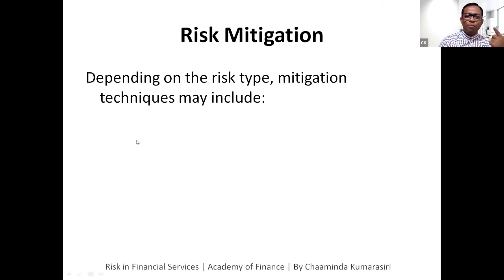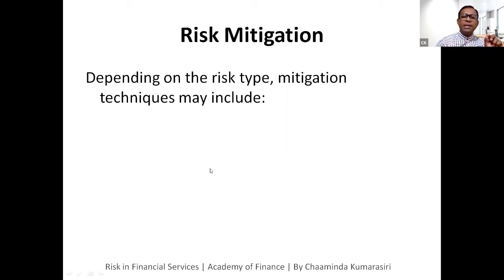Now, if I go back to the definition of risk, how do I define risk? Risk is the product of likelihood and impact. Likelihood means how probable it is that this will happen, the chance of it materializing.